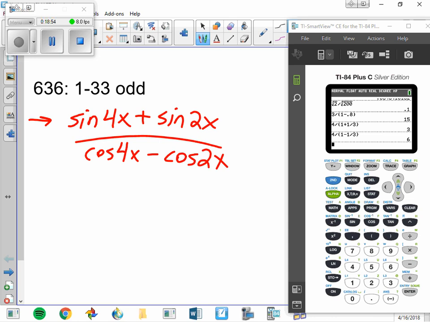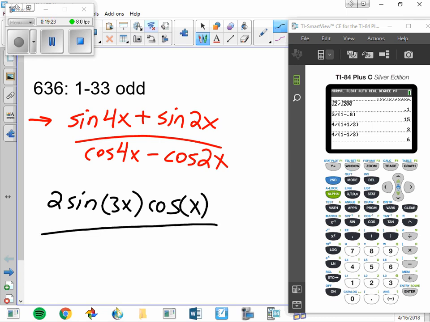Sine plus sine, which is the first one. So the numerator will be 2 times the sine of, add them together, 6x divided by 2 is 3x, times the cosine of 4x minus 2x is 2x divided by 2 is just x.